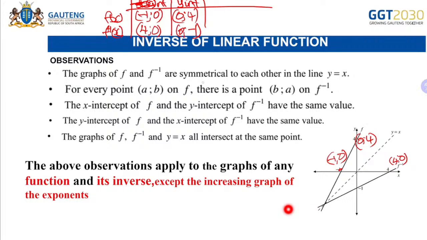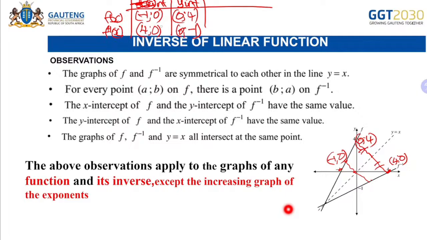The graph is symmetrical about the line. The distance from here to that line and the distance to that line is the same, symmetrical. Take any 2 points on this graph and that one, they will always be equal distance from our dotted line. So you also observed that the x-intercept of f and the y-intercept of f inverse have the same value.